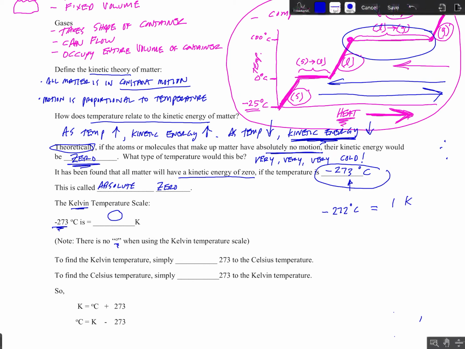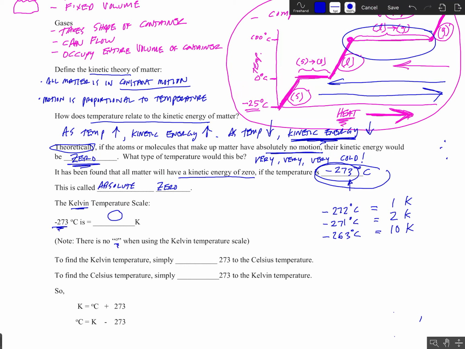Wouldn't that be negative 271 degrees Celsius? Then that would be called 2 Kelvin. Let's jump up a little bit. If we're 10 degrees warmer than negative 273, wouldn't that be negative 263 degrees Celsius? Well, that's 10 degrees warmer than the lowest possible temperature, so let's call that 10 Kelvin.